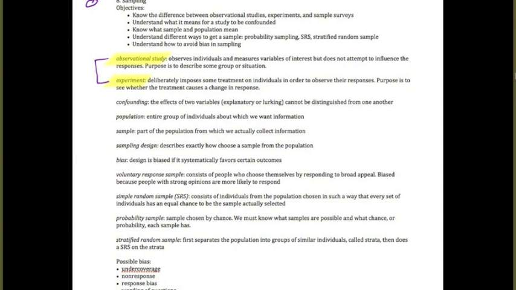A population is the entire group of individuals that we want to answer a question about. The whole thing, for example all high school students nationwide. A population is typically a very large group. It is impractical to do an observational study or an experiment on an entire population.